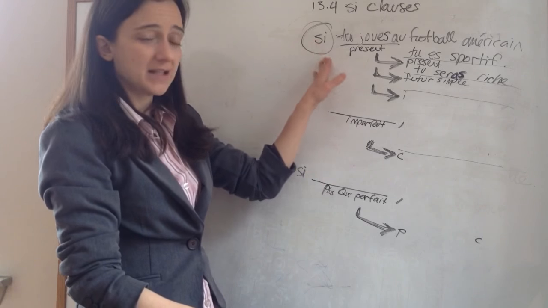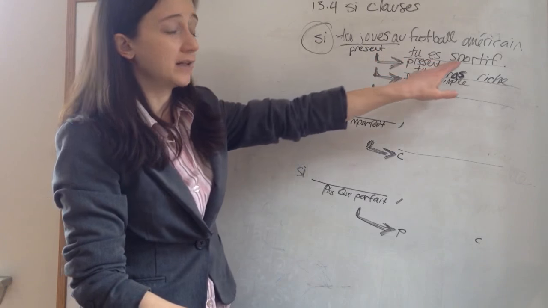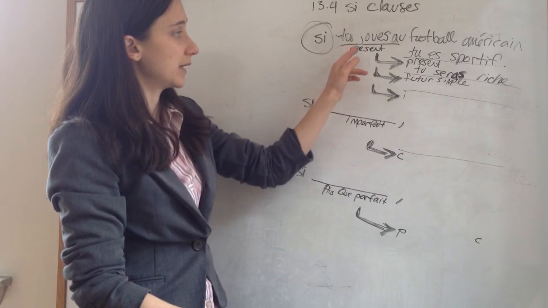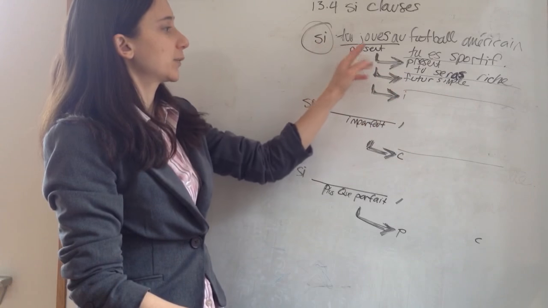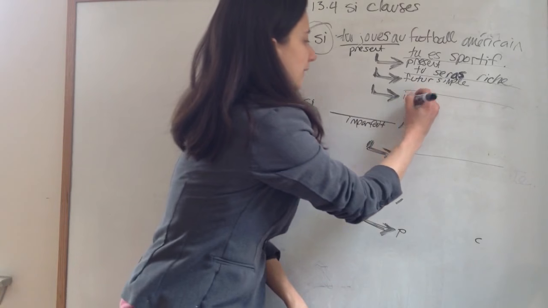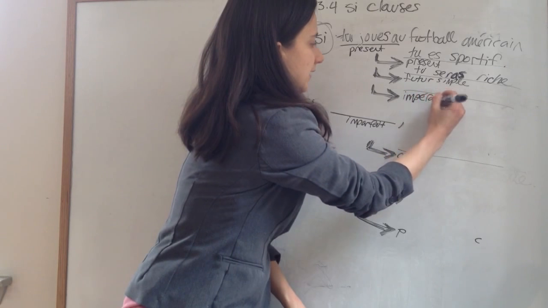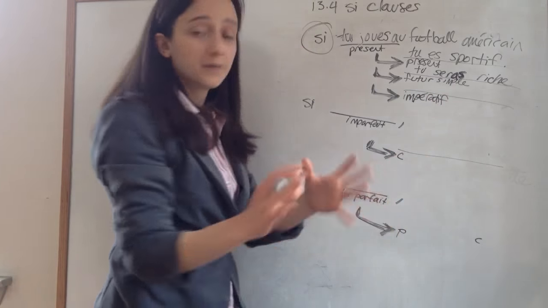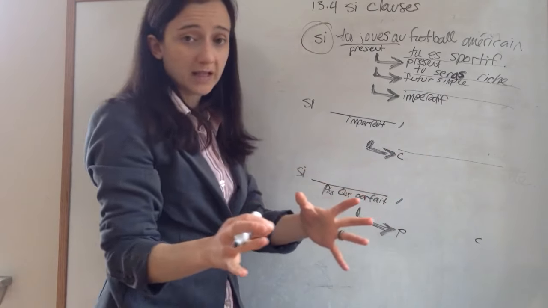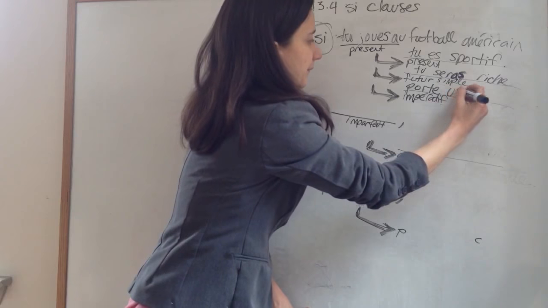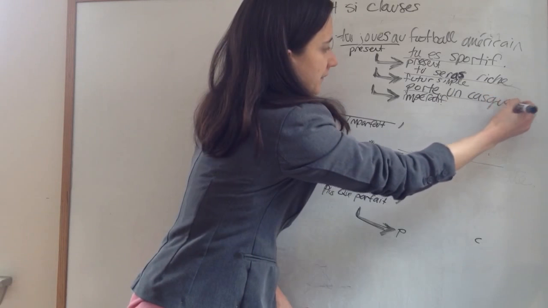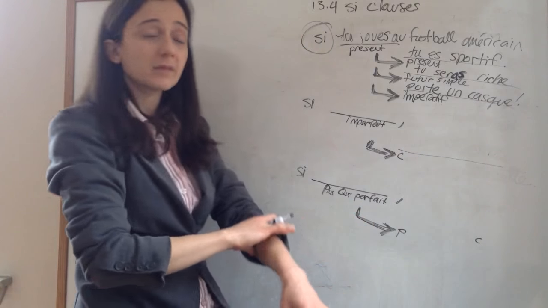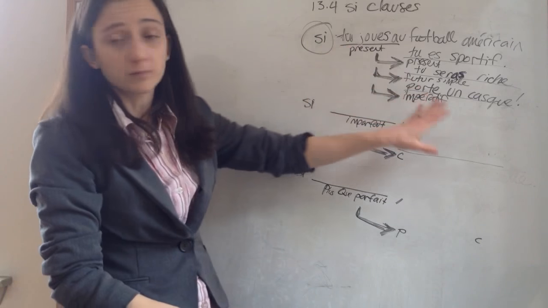So again, we have a si in the present, followed by another present, or si in a present sentence, followed by the future, or si in the present, followed by the imperative, imperatif. So if you play football, we're giving a command. Porte un casque. Okay? Wear a helmet. So then we have a command.